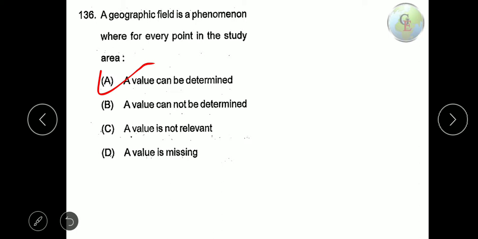You can find it from the definition: a geographic field is a geographic phenomenon for which for every point in the study area a value can be determined. Some common examples of geographic fields are air temperature, barometric pressure, and elevation. These fields are in fact continuous in nature, and you can find some value for this. So the answer will be a value can be determined.